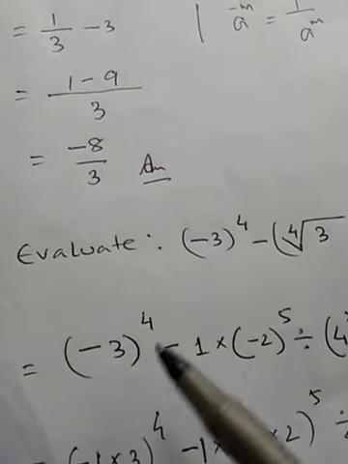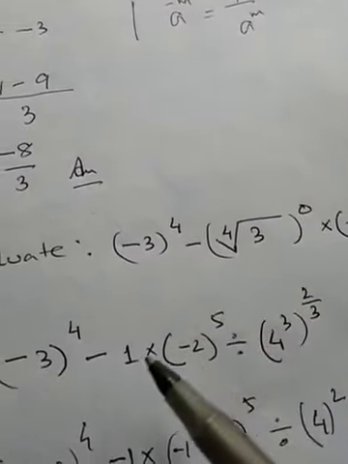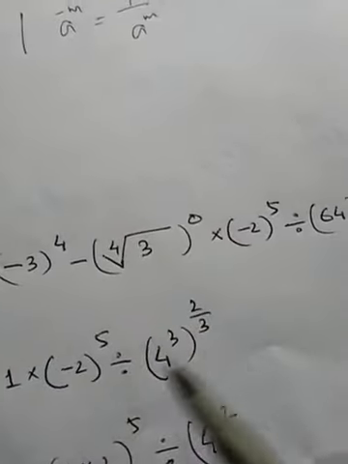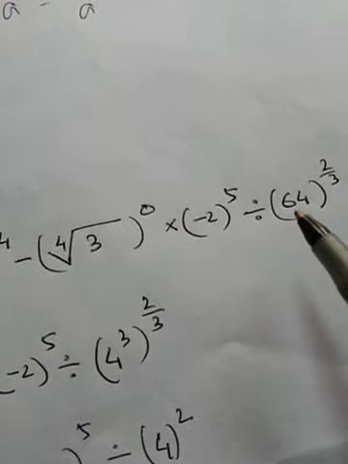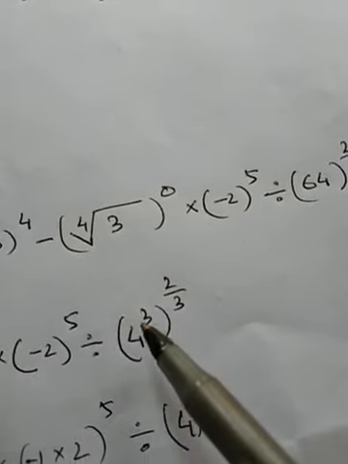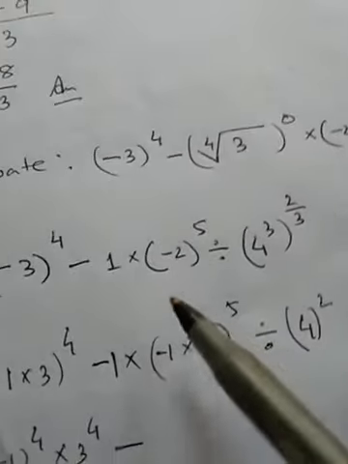So here again any number to the power 0, this we have written as 1, rest kept as it is, then divided by 64 we have written as 4 to the power 3, so that we can cancel this 3, and then 4 square is left.